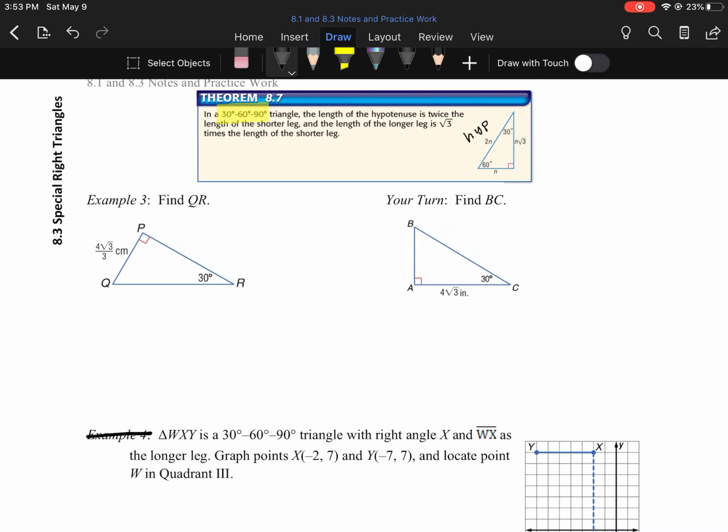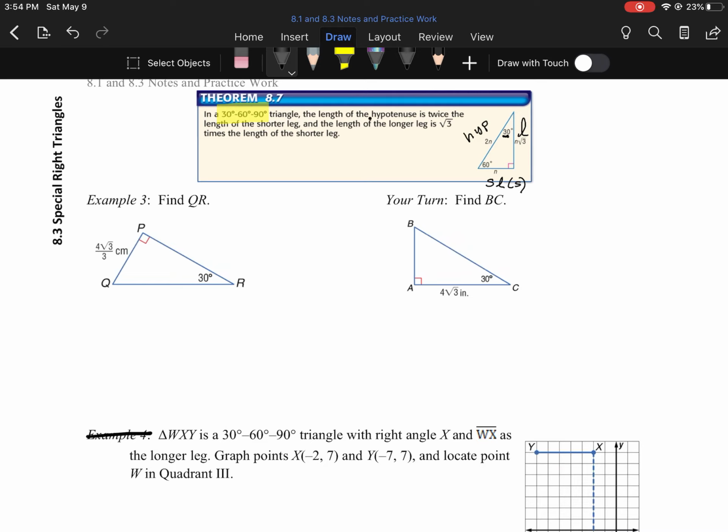Thinking back to the chapter with the triangles, the shorter side is across from the shortest angle. 30 degrees is smaller than 60, so this side here is my short leg, which we'll write as SL or just S. The side across from 60 is my long leg, which I typically just write as L. So we have a short leg, a long leg, and a hypotenuse, and this one is going to give us two different formulas. I'm just going to put an L there for long leg.